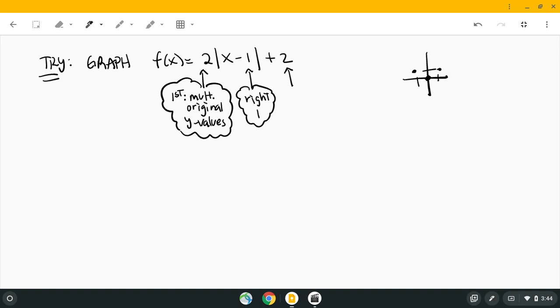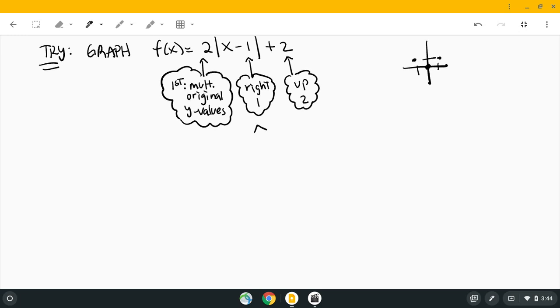This is outside, so this will go up 2. When you start graphing this, we have a point at 0, 0, 1, 1, negative 1, 1. This is our parent function.